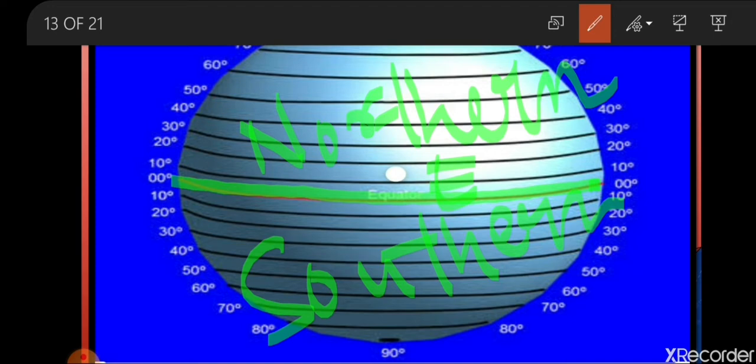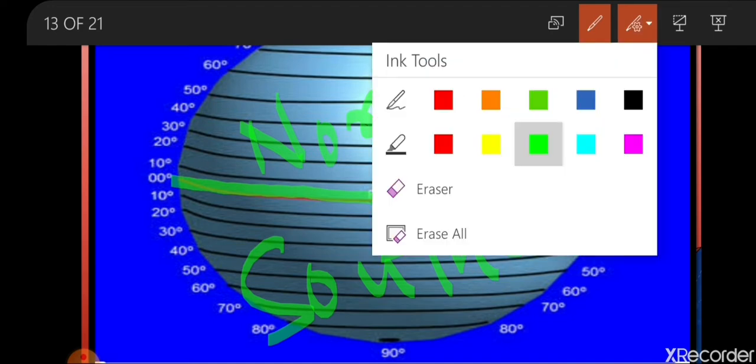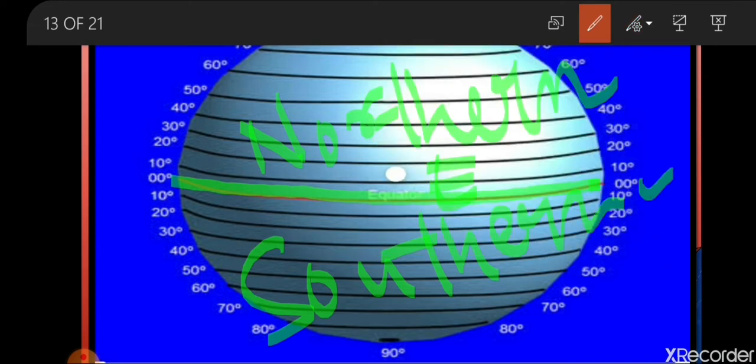Now you will see that from 0 degree here, it goes 10 degree, 20 degree, 30 degree, 40 degree, 50 degree. We will represent it as degree north, 10 degree north, 20 degree north, because it lies in the northern hemisphere.